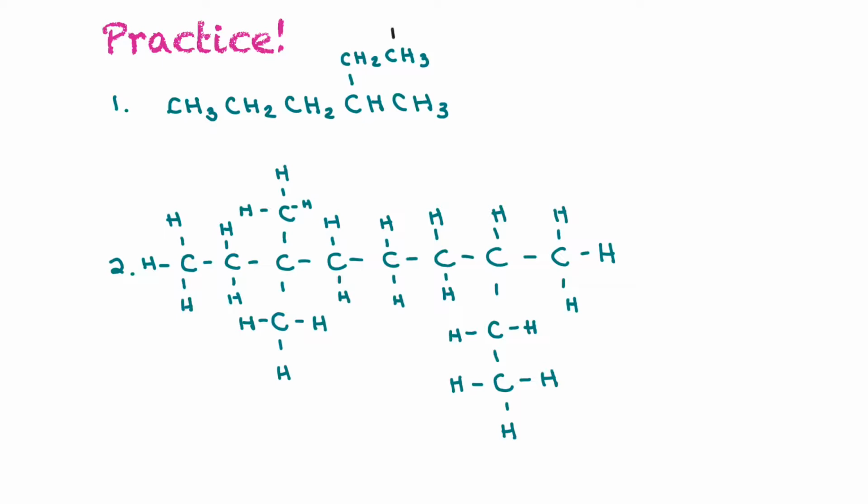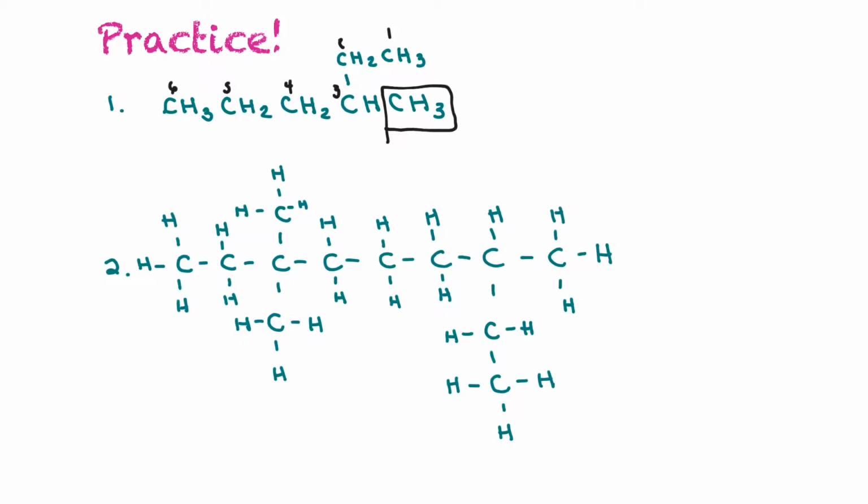This is carbon 1, 2, 3, 4, 5, 6, and then this is going to be our branch here. So it's on carbon 3, and it's 1 carbon in the branch, so it's going to be 3-methyl, and then 6 is hexane.